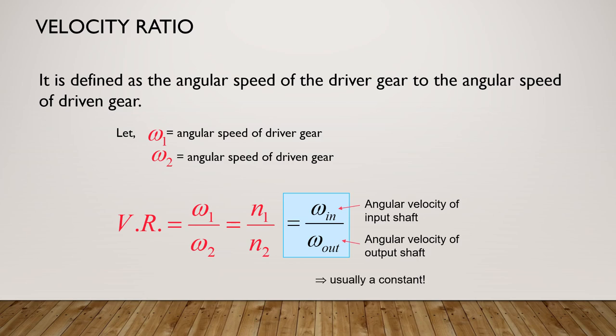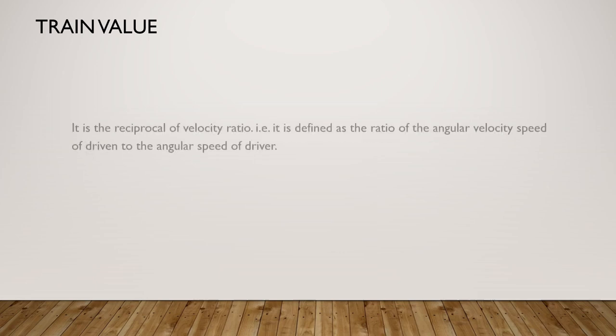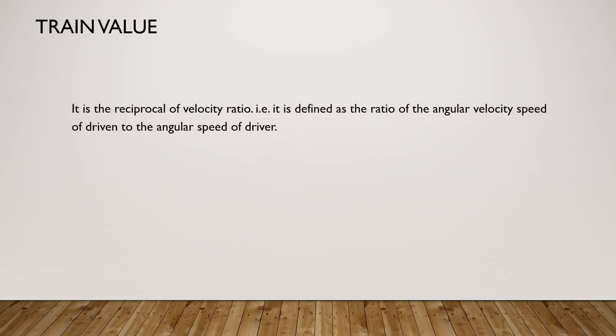Second parameter is the train value. First one was velocity ratio. Train value is also related to the speed of driver and driven gear, but it is the opposite of the velocity ratio. It is the reciprocal of the velocity ratio, or we can also say it is the ratio of angular velocity of the driven gear to angular velocity of the driver gear. So 1 by velocity ratio gives you the train value.